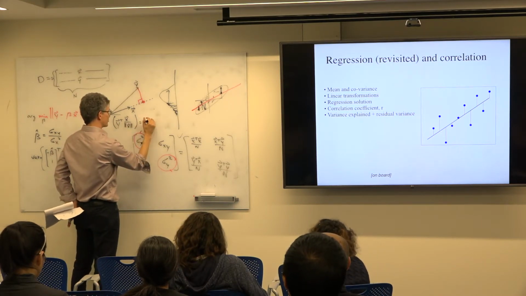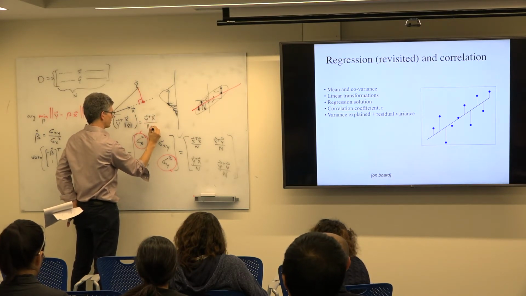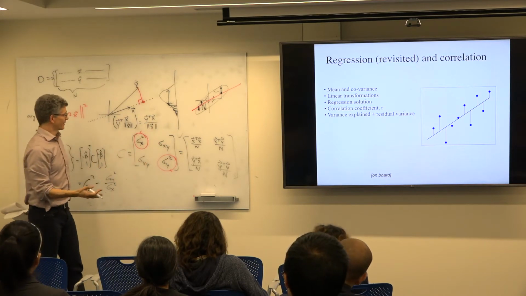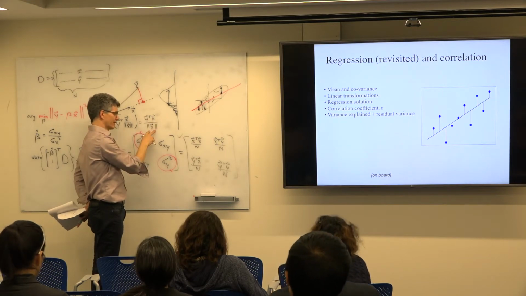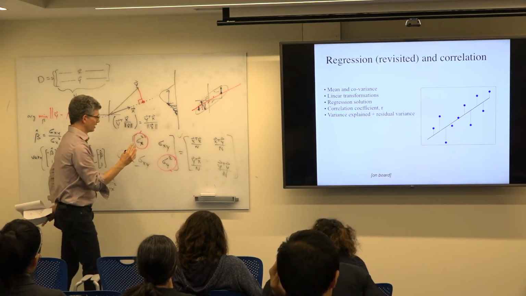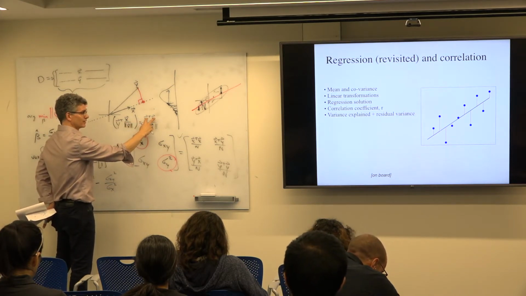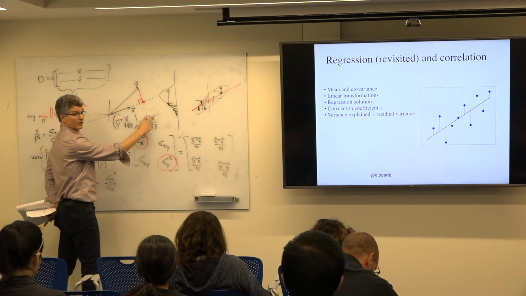Well, let's write it out. This is just y transpose x over the length of x. And if I wanted the squared length of that piece, it would be y transpose x squared divided by the length of x squared. And that is just sigma xy, this thing in the numerator.